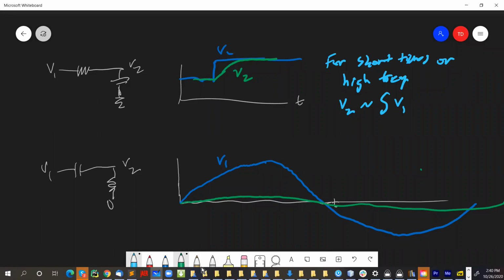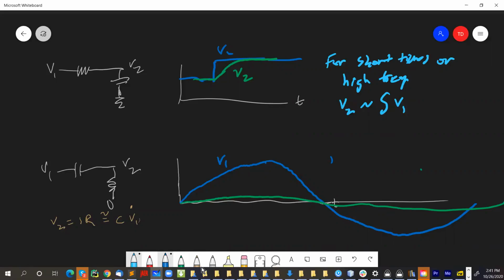In that case, even when V2 changes a little bit, V2 will equal I times R. And what will I be? I will be set by just how much V1 changes with time, right? So I will be C times V1 dot approximately, because V2 is almost equal to 0. In this case, you can see that V2 here is almost exactly proportional to the derivative of V1.